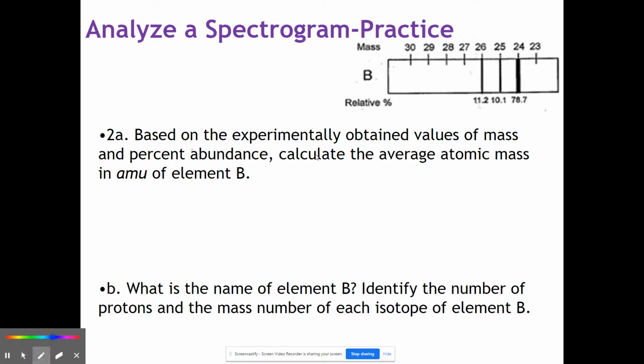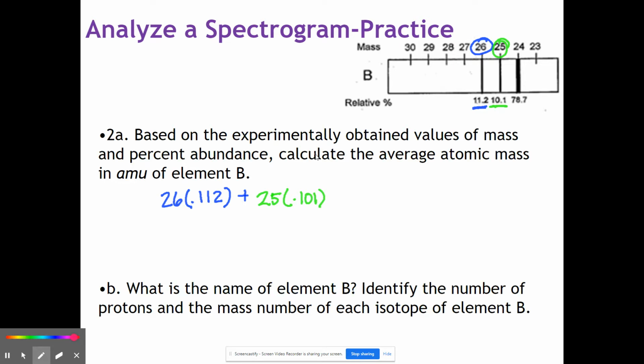So here we have our first mass is 26. We're going to multiply it by our first relative percent, moved into a decimal, so it's going to be 0.112. Then I'm going to add my second one, 25 multiplied by our percent abundance, 0.101.